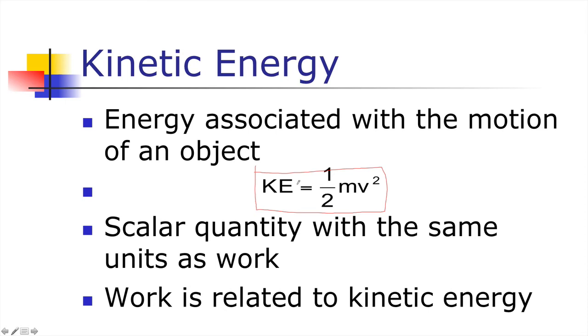How? Let me show how. Let's take, for instance, you're driving a car, and this car was traveling, I don't know, 5 to 10 meters per second. Then it has an initial velocity of that much, and then you brought it to a complete stop.